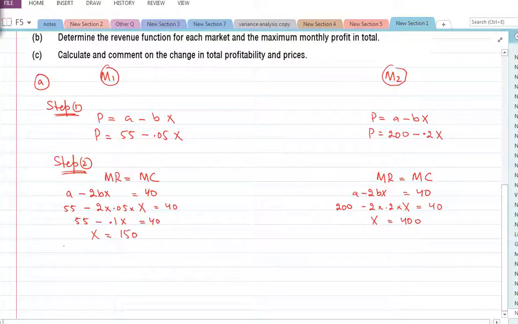Now step number 3 was to use the demand equation once again and use this quantity, and this will give you the price, which will maximize our profit. So P is equal to A minus BX. Once again, P is equal to A, which is 55, minus B, which is 0.05, multiplied by X, which is 150.